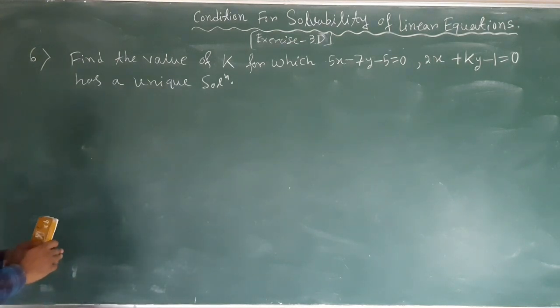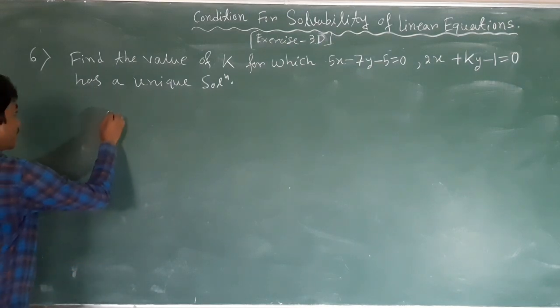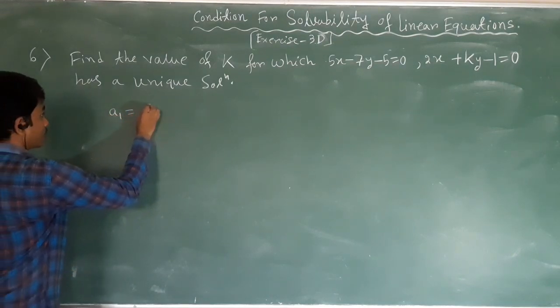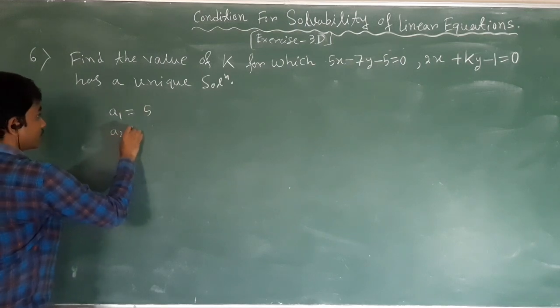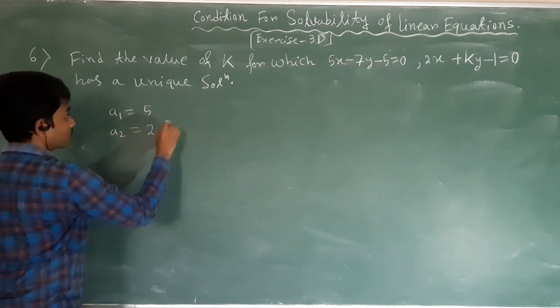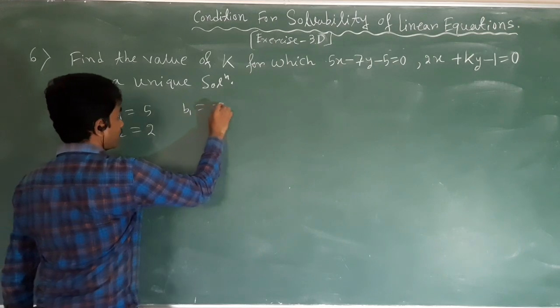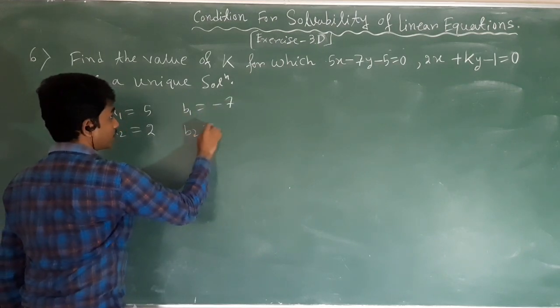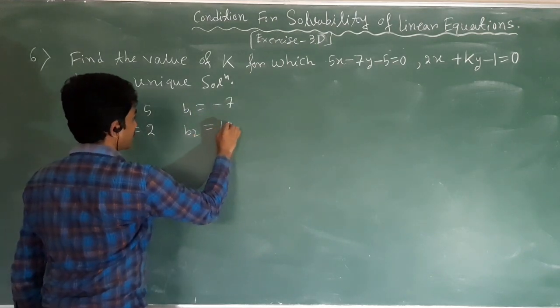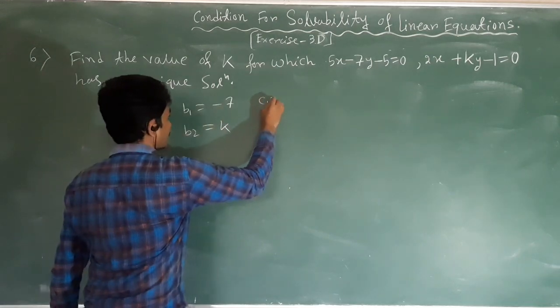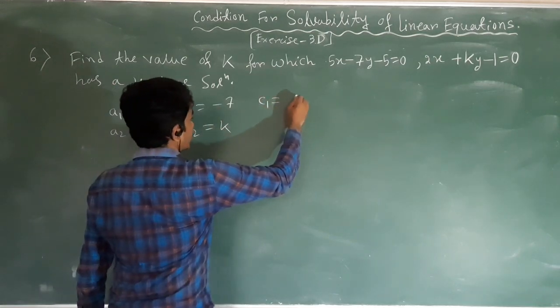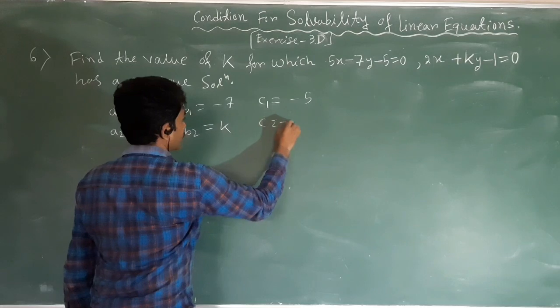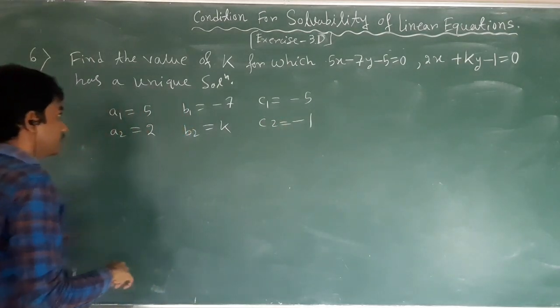So from the given equation we have a1 is equal to 5, a2 is equal to 2, b1 is equal to minus 7, b2 is equal to k, and c1 is equal to minus 5, c2 is equal to minus 1.